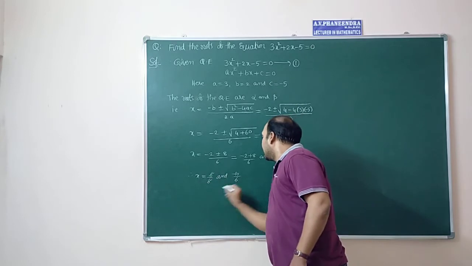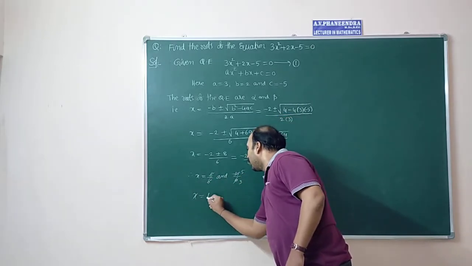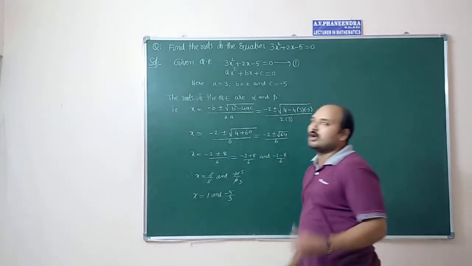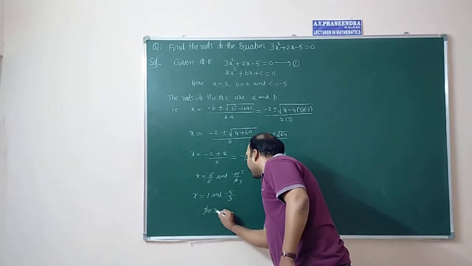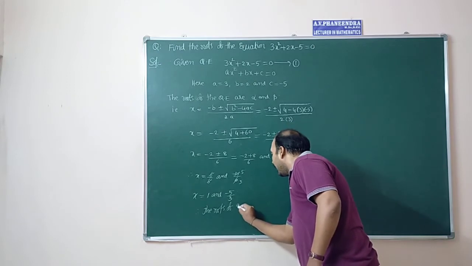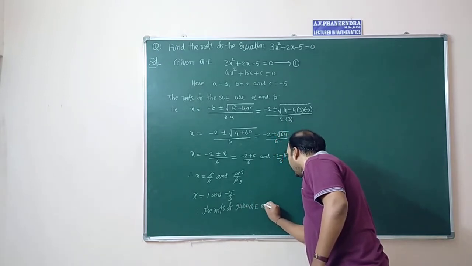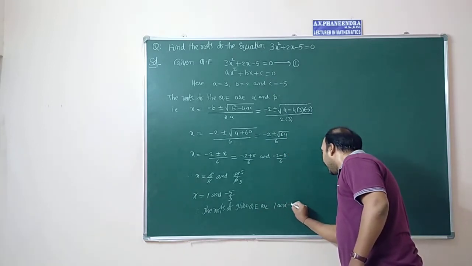Here 6 gets cancelled, and 2 fives are 10, 2 threes are 6. Therefore, x is equal to 1 and minus 5 by 3. Therefore, the roots of the given quadratic equation are 1 and minus 5 by 3.